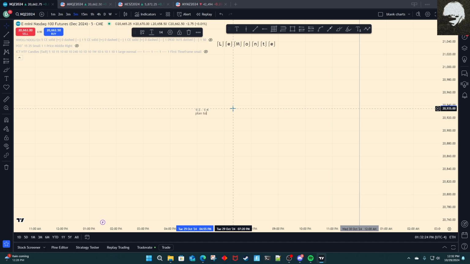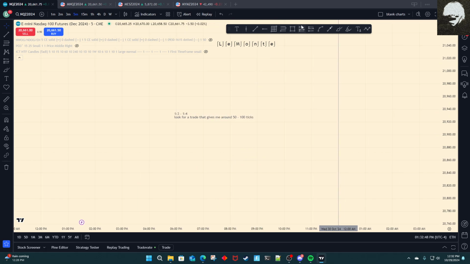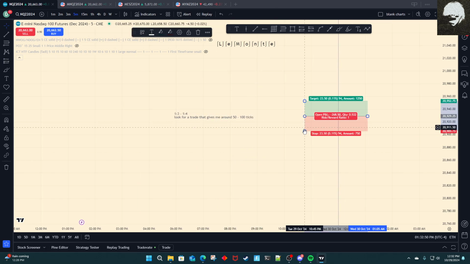I usually plan to look for a trade that gives me around 50 to 100 ticks. My risk is usually about $100 to 120.